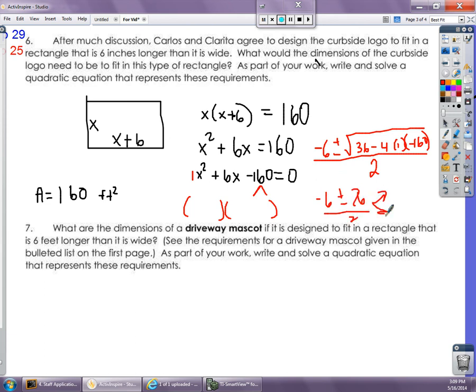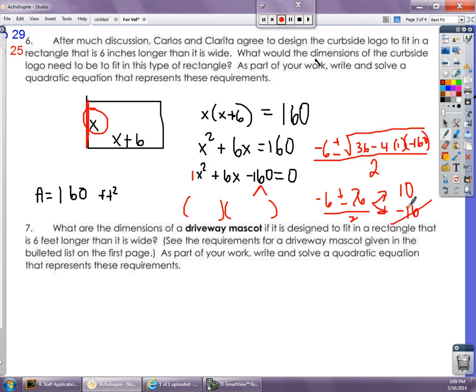Your two answers are negative 6 plus 26, which is 20, divided by 2, a positive 10. Or negative 6 minus 26 is negative 32, divided by 2 is negative 16. In this case, because one of our dimensions is x, it couldn't be negative because you can't have a negative length.